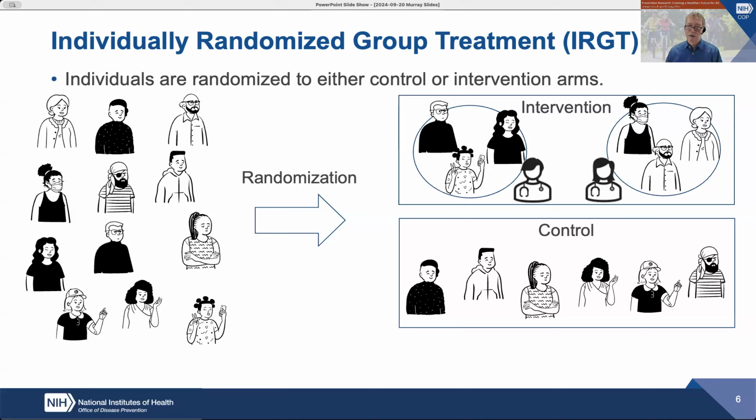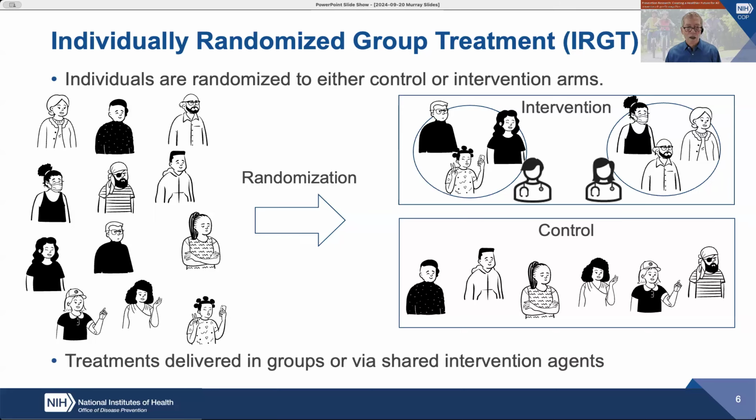The 3 on the right are interacting with a different healthcare provider as part of their intervention. In this particular slide, the control arm doesn't have any of that sort of interaction with a healthcare provider. So this might be a waitlist control or a no treatment control. Treatments are delivered in groups or via shared intervention agents. That is the critical defining component of the IRGT, individually randomized group treatment trial.